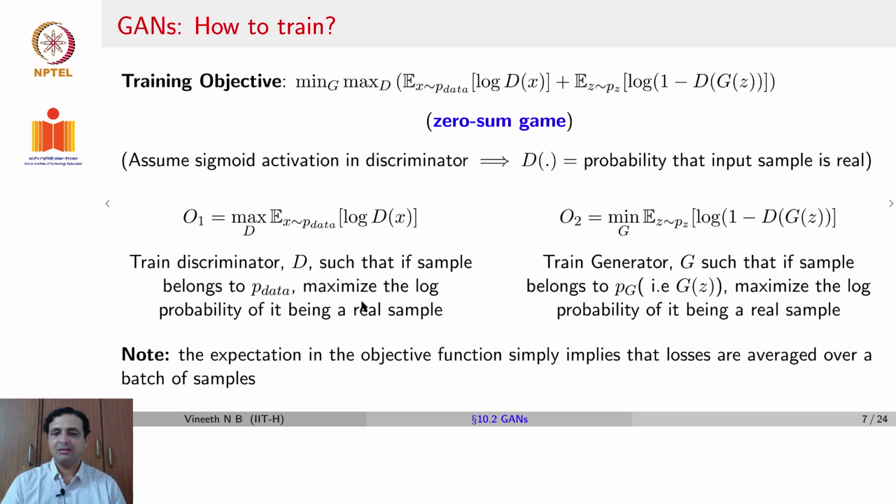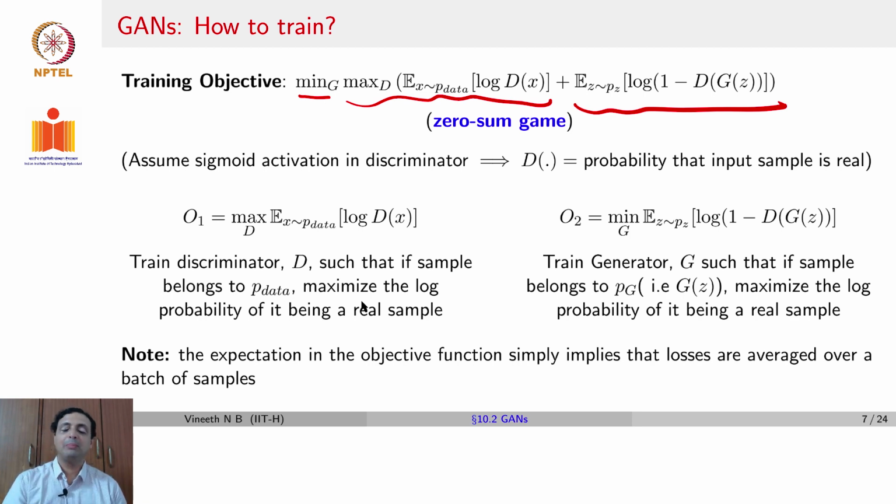And the second part is objective 2, which talks about minimizing the generator with respect to the second term. Remember that the first term does not have anything to do with G, and hence in the minimization of G, the first term does not matter and can be excluded. So while minimizing G, what are we looking for?